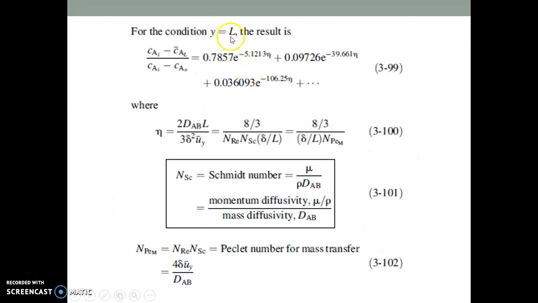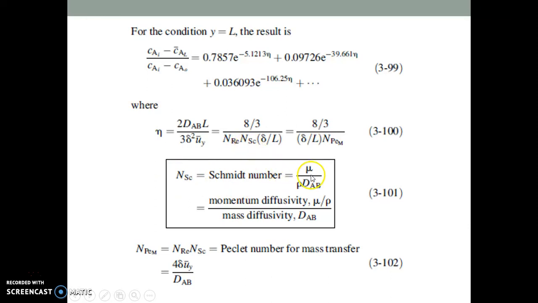For the condition of Y equal to L, the result is this equation, 3.99, where N is equal to the third root of delta over L multiplied by the Peclet number for mass transfer, and this is the Schmidt number.